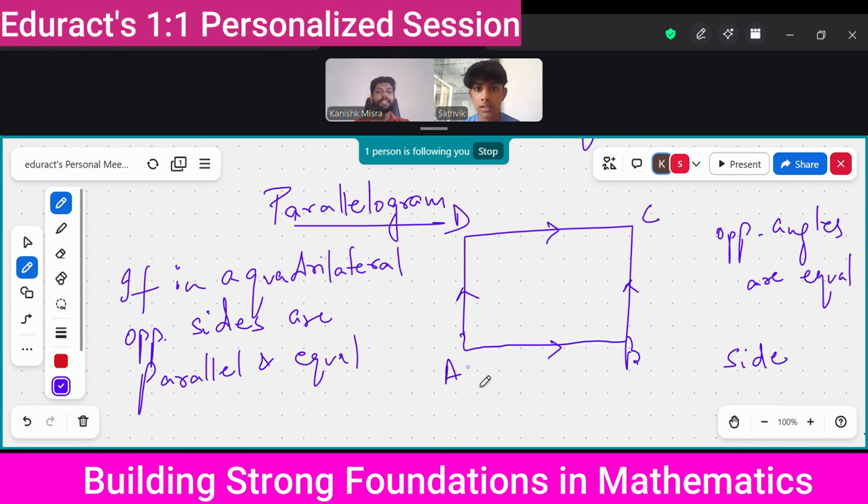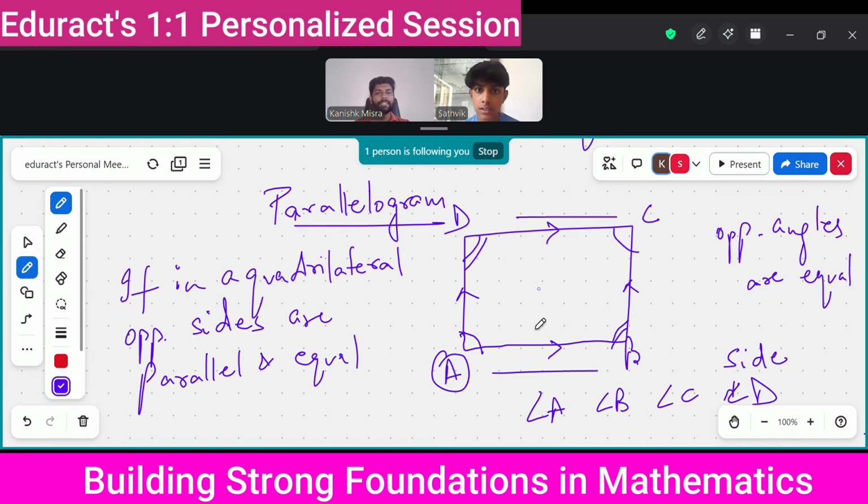An angle is always a single entity. If I am talking about opposite angles, that means angle A and angle C, angle B and angle D. Sides AB and CD are opposite sides, but angles are like this.